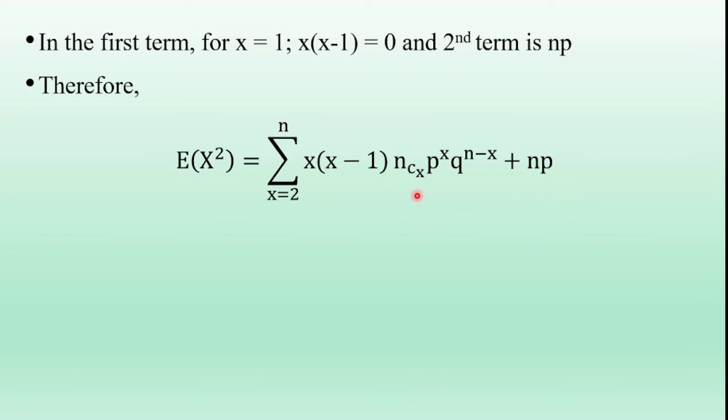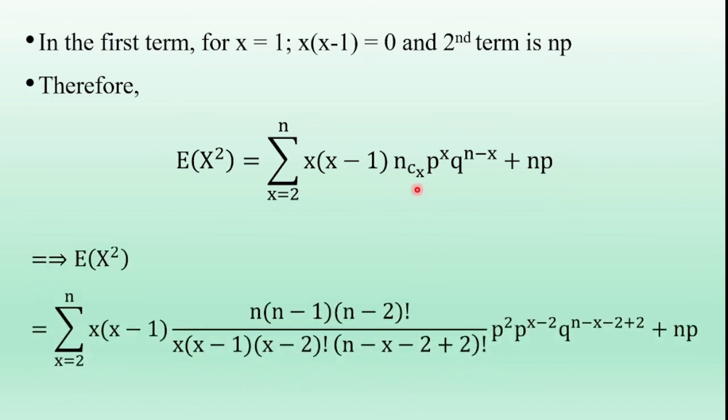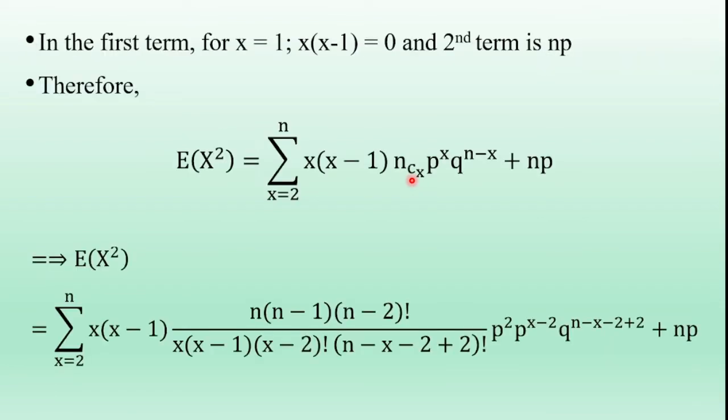Now applying the nCx expression. What is the expression of nCx? n factorial by x factorial into n minus x factorial.